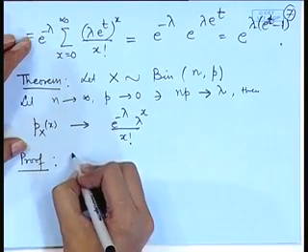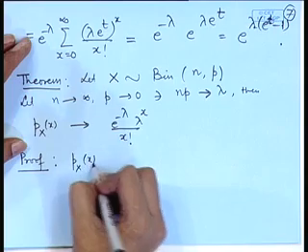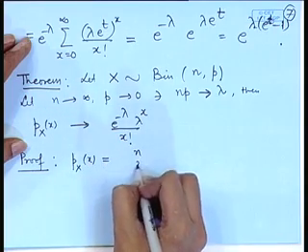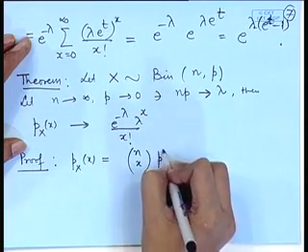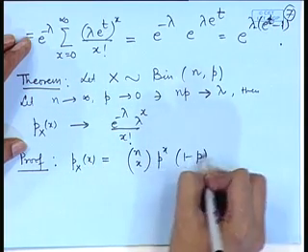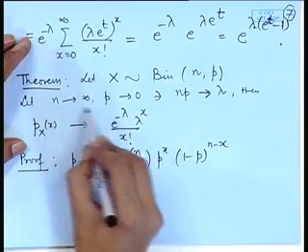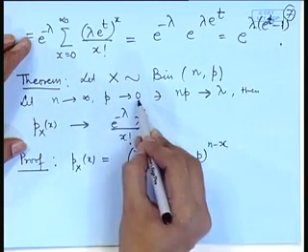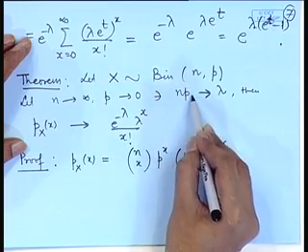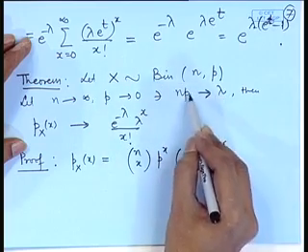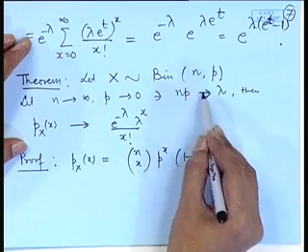We may consider the P(x), and it is equal to n C x p to the power x (1 minus p) to the power n minus x. Now, here the limit process involves n and p. However, since np itself converges to lambda, in the limit there is a relation between n and p.